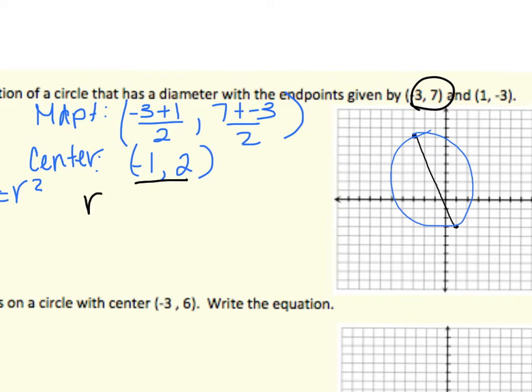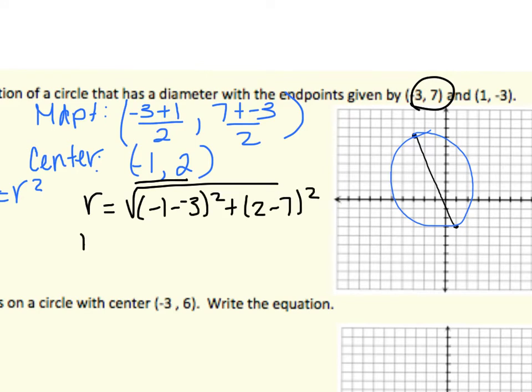So my radius is going to equal the square root of (-1 - -3)^2 + (2 - 7)^2. So -1 minus -3 is 2, 2 squared is 4, and this is 25, so this equals the square root of 29. That can't be broken down, so I'm just going to leave it like that.